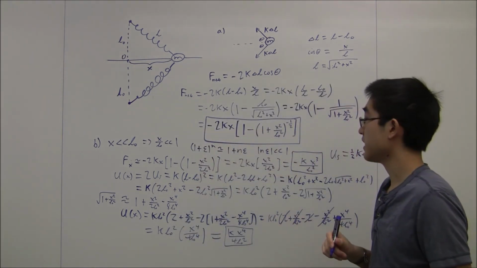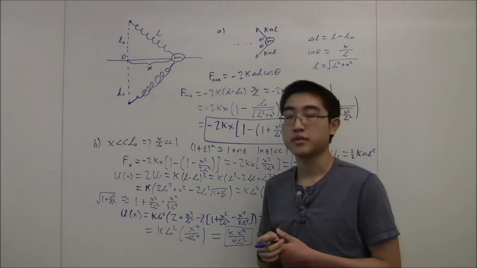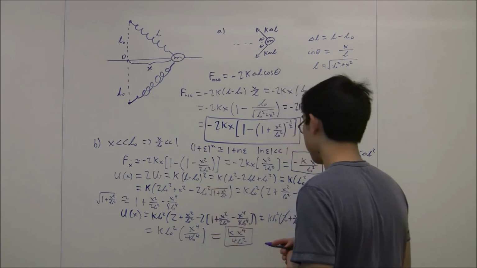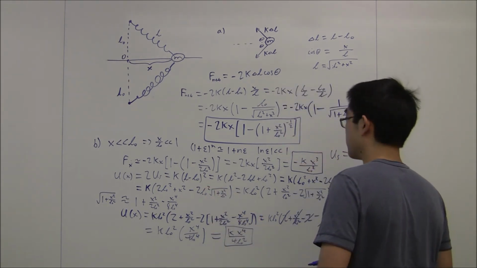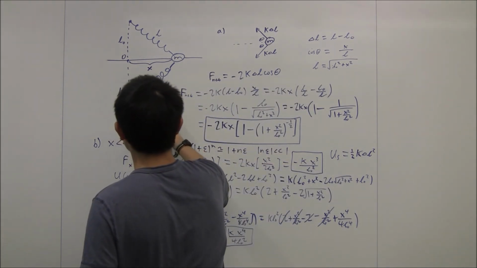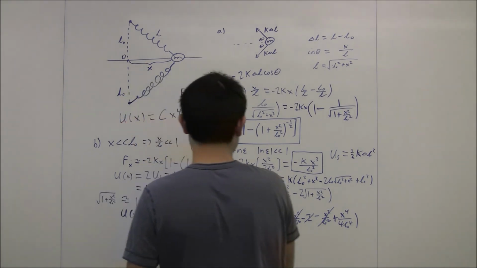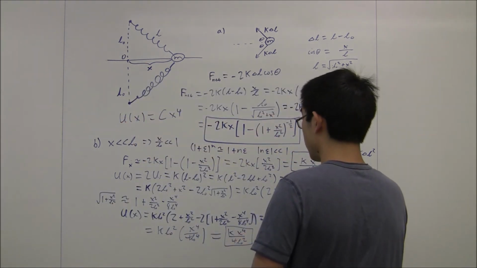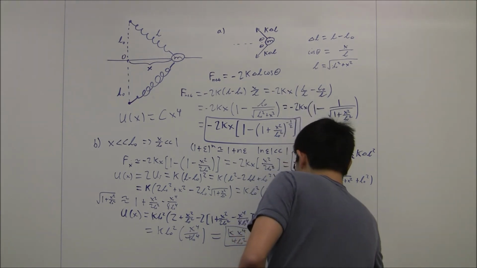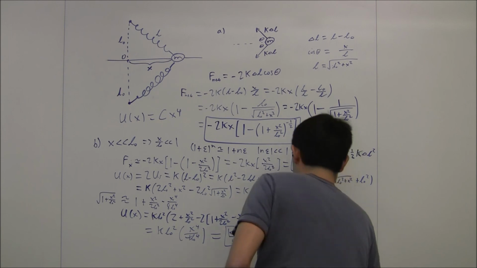So that's our final answer for the potential energy of the bead as a function of x for small x. So if we write out the potential energy in the form of c times x to the 4, here we have shown that c is just equal to k over 4 times L naught squared.